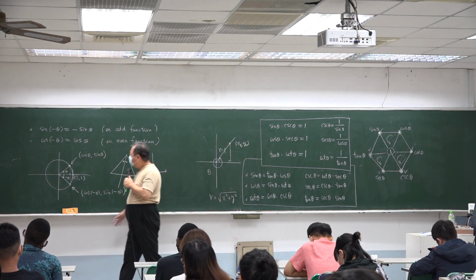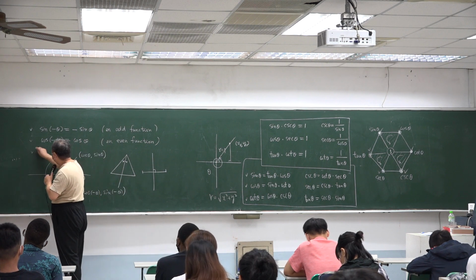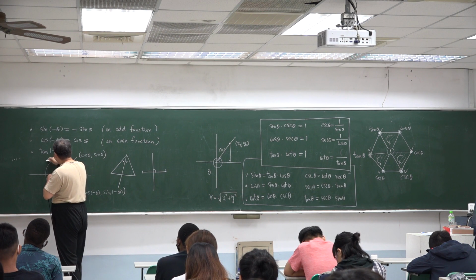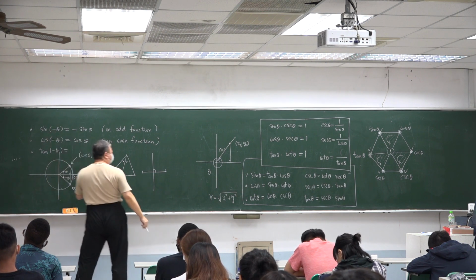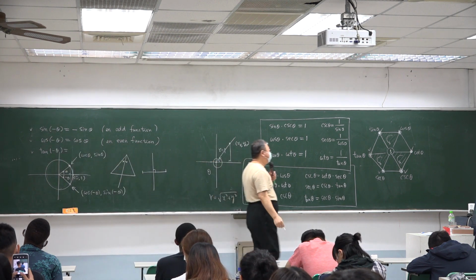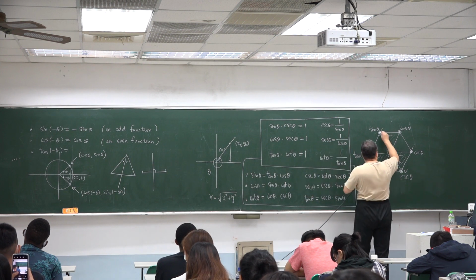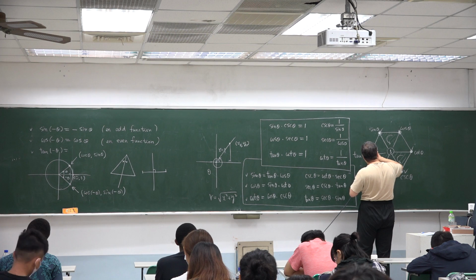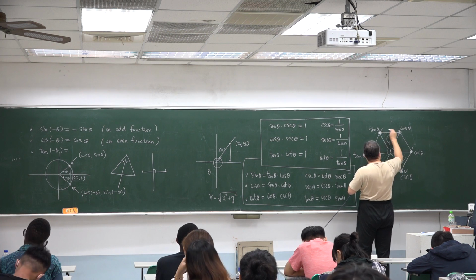Okay, according to this, you certainly can obtain tangent minus theta, because tangent equals sine over cosine. Tangent theta equals sine theta over cosine theta.